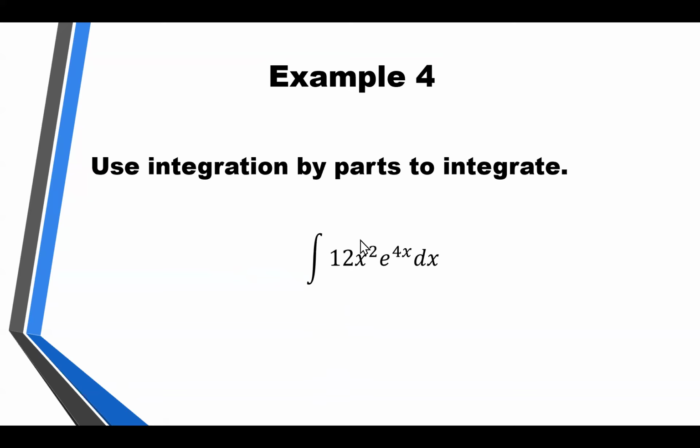What if we happen to have a quadratic or a higher degree polynomial as my coefficient? So let's take a look at this one, 12x squared times e to the 4x. We want to integrate that with respect to x. So we'll find the set of all antiderivatives.